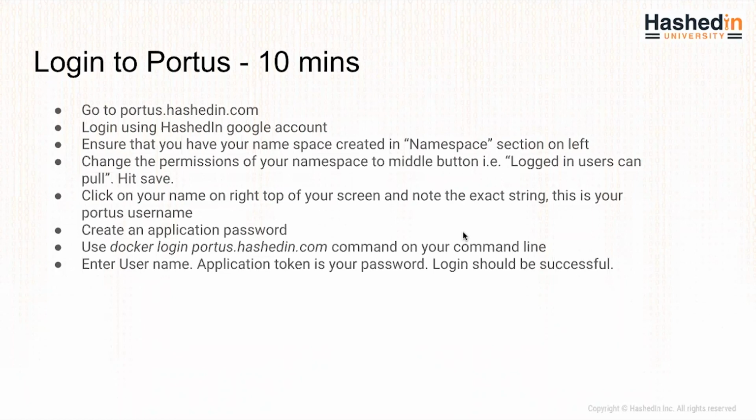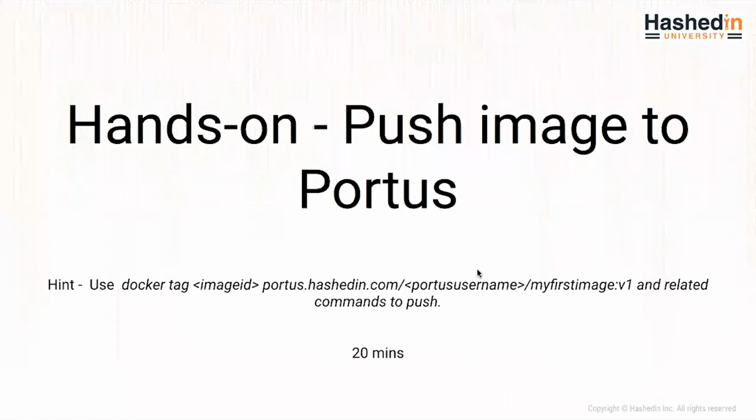The next assignment is again hands-on, which is to push an image to Portus. Remember, in previous videos we have seen the docker tag image ID command, the whole command. Use those commands and push your image to Portus.